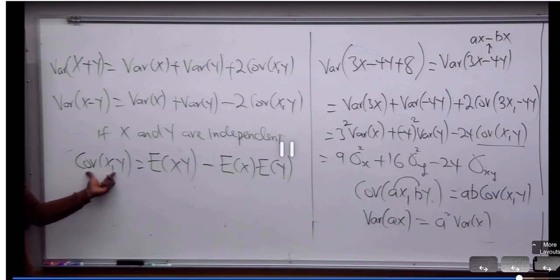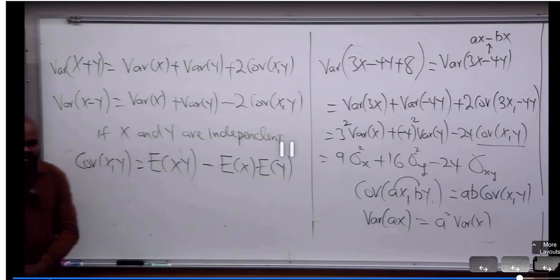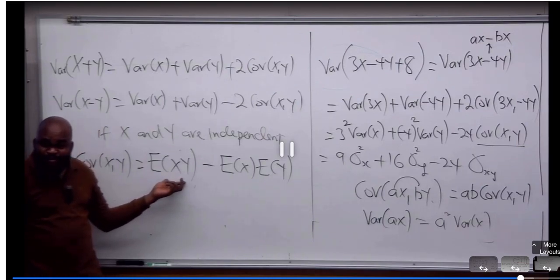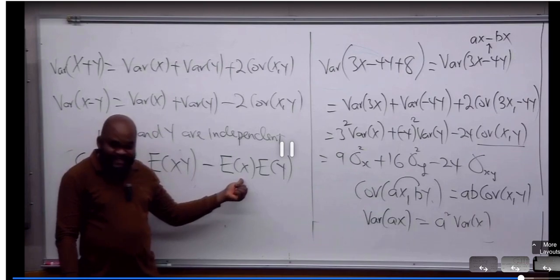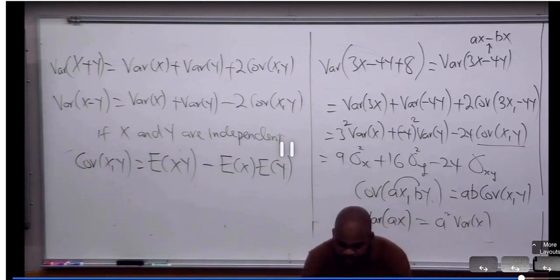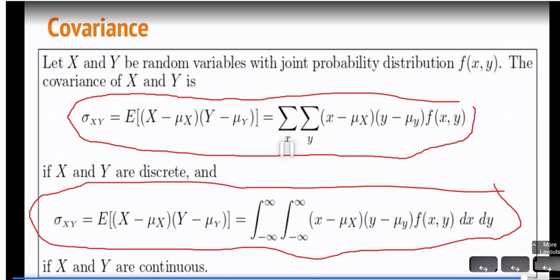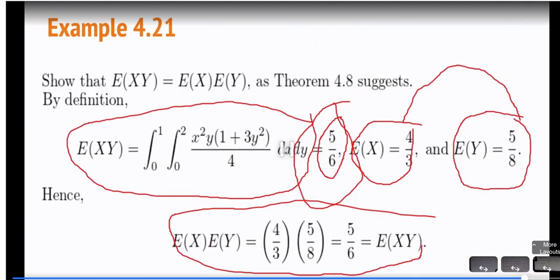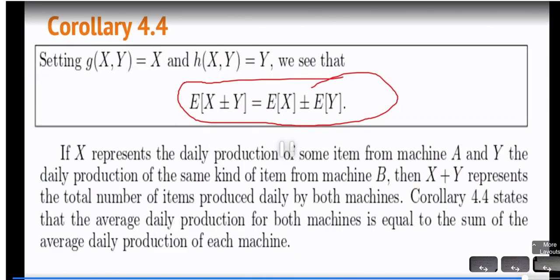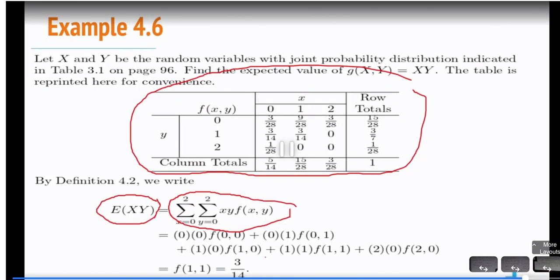If the covariance equals 0, this is going to be equal to that. So if I want to get the covariance, I need to first get the expectation of the product. I need to get the expectation of X, which is what I'm doing here, and the expectation of Y. And I'm also going to get the expectation of the product. We got the expectation of a product the other time, as I showed you on the table.